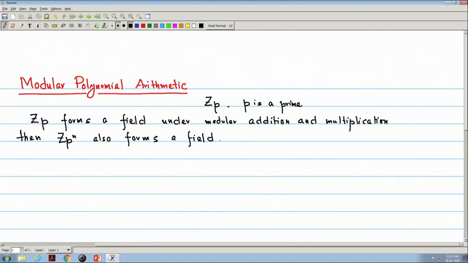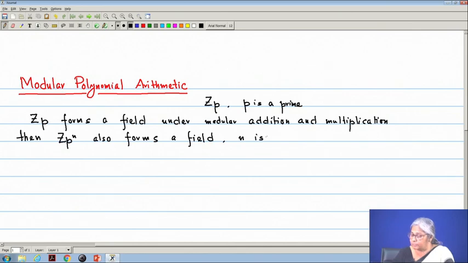Here p is prime and n is a positive integer.